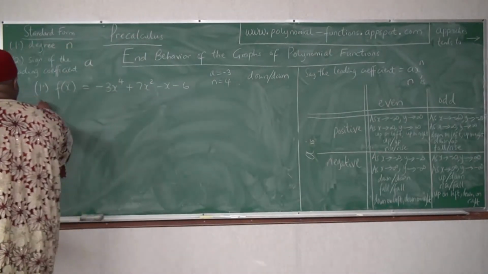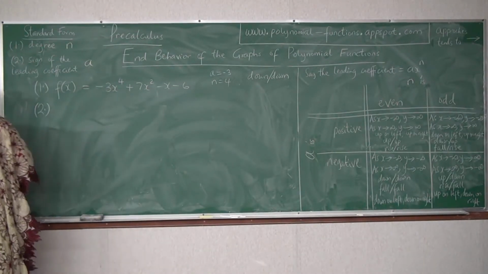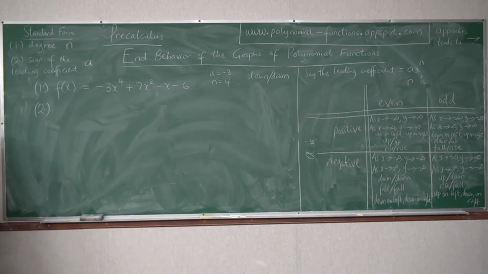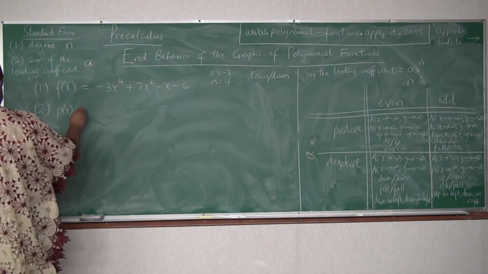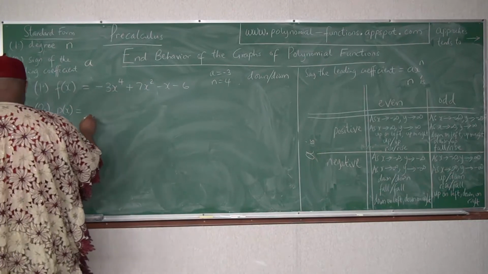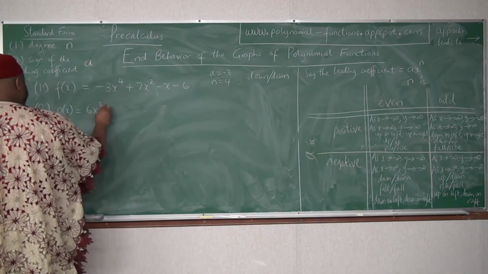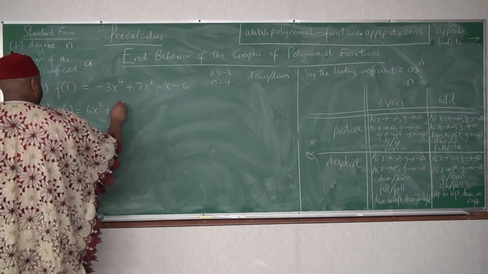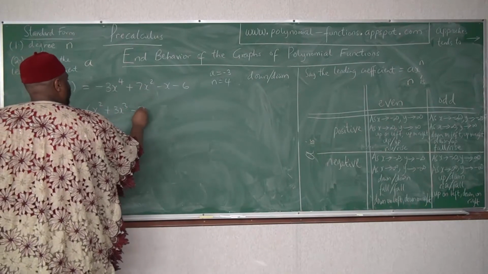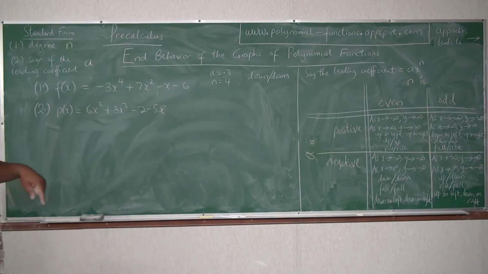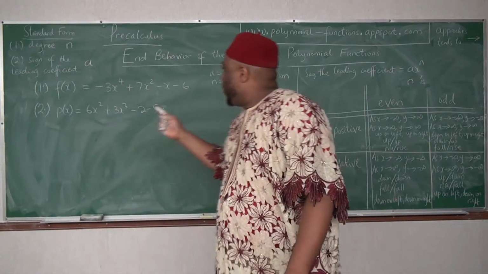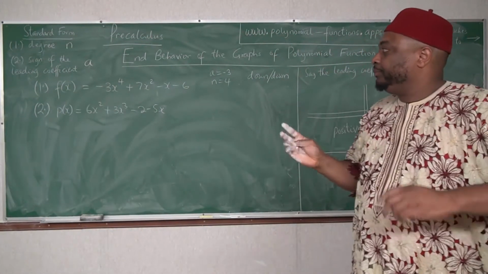Okay, the next one we have: P of x is 6x squared plus 3x cubed minus 2 minus 5x. Look at this question 2.